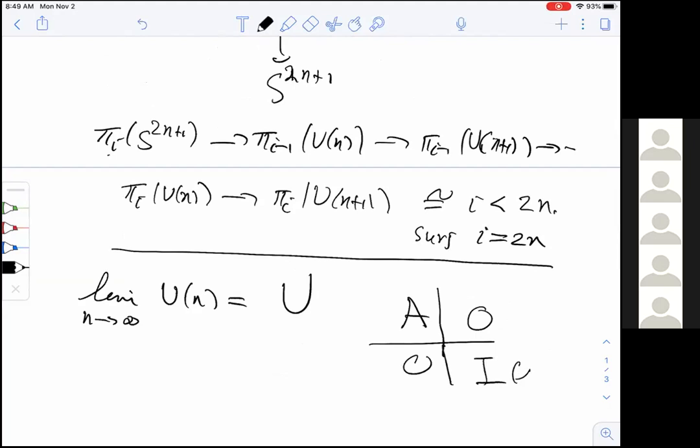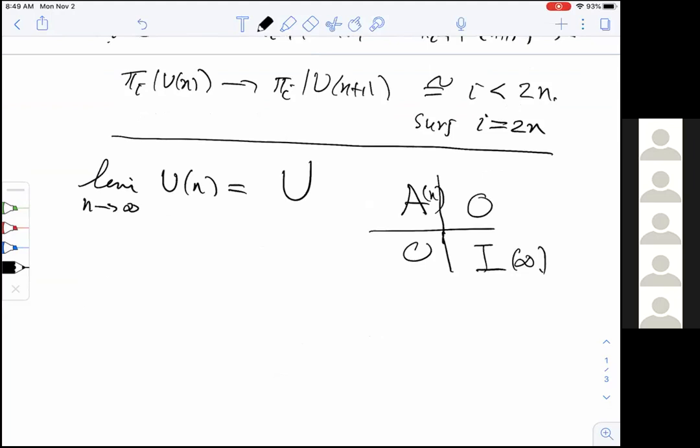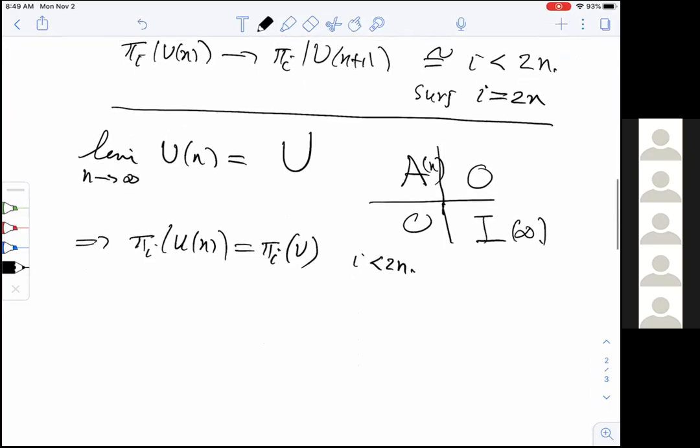So this would be an infinite identity, and this is a finite n by n unitary matrix for some n, under the natural inclusions. So that's the unitary group, and this stabilization implies that pi i of U(n) is isomorphic to the homotopy groups of the stable unitary group for i less than 2n and surjective for i equals 2n.